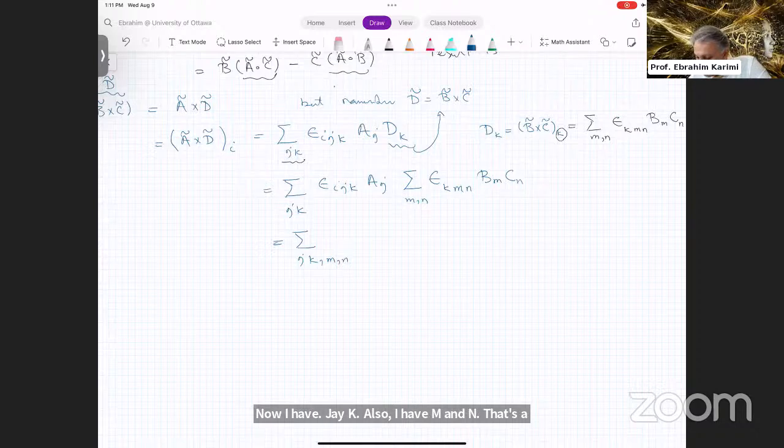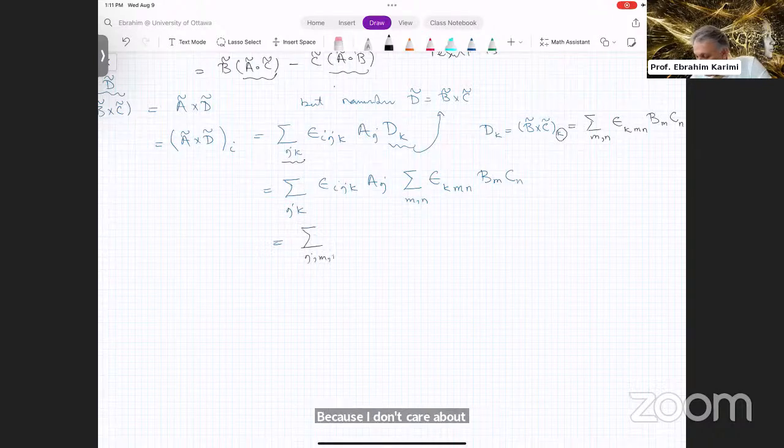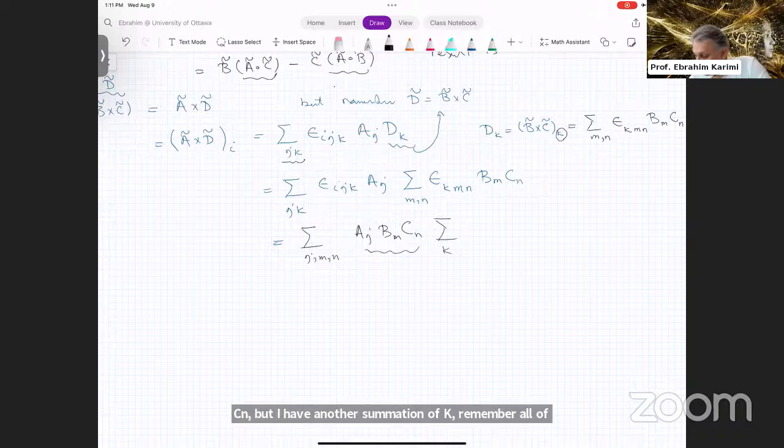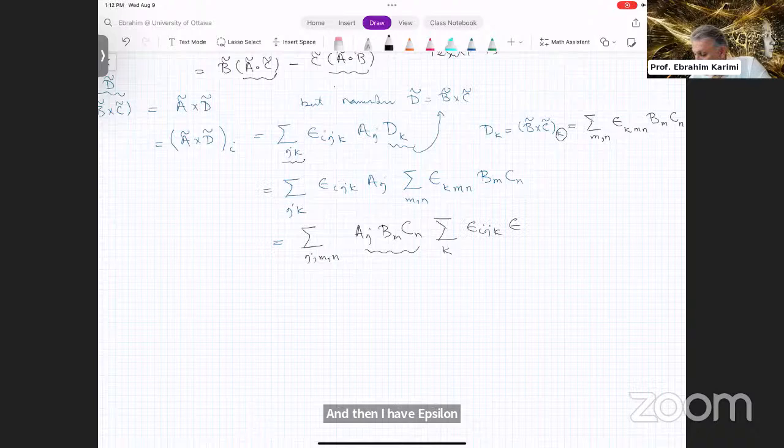Well, for simplicity, because I don't care about J, M, and N for the time being, I have A_J, B_M, C_N, but I have another summation over K. Remember, all of them are independent of K. And then I have epsilon I, J, K, epsilon K, M, N. That is what I have, and the summation is over K, right?